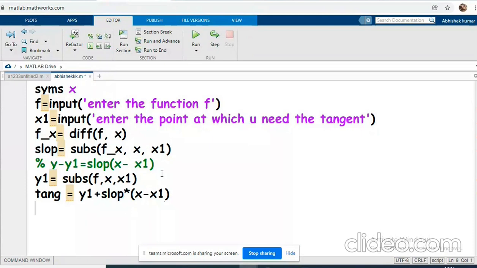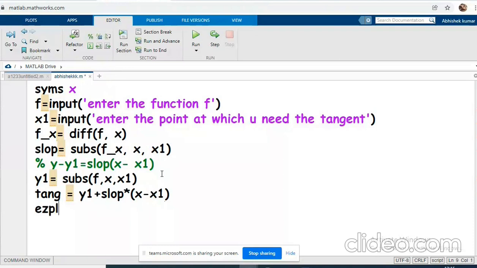Okay, so now let us draw that. First we'll draw the given curve. What will be the domain? We'll extend the domain around the point x1, because your curve should include x1. So we'll have x1 minus 2, x1 plus 2. This will make sure your x1 point is on the curve.